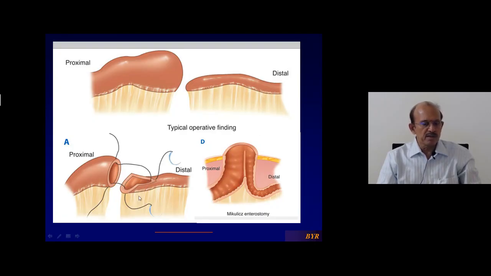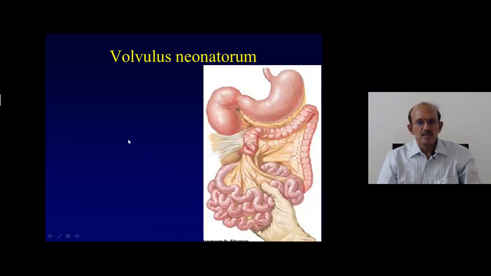Then you take a bite of another suture from the lower side. When you do the anastomosis, it will come like this. So this is almost an end to end and side anastomosis. So that is about atresia of the jejunum or ileum.